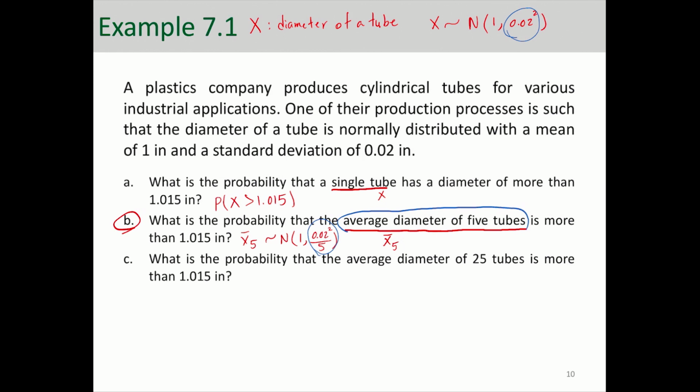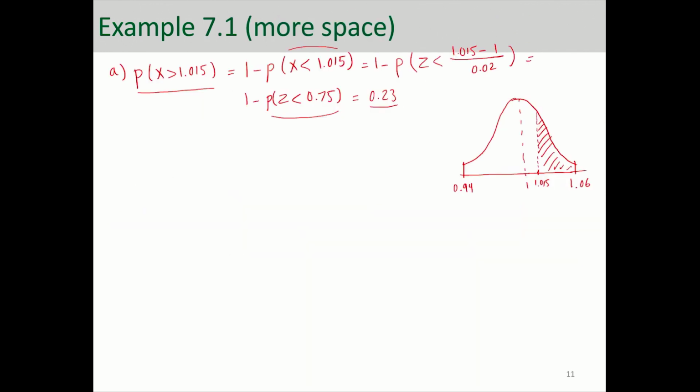So now we need to calculate probability of x bar 5 greater than 1.015. It's the same process. That will be 1 minus probability of x bar 5 less than 1.015, and we need to change that to z now.